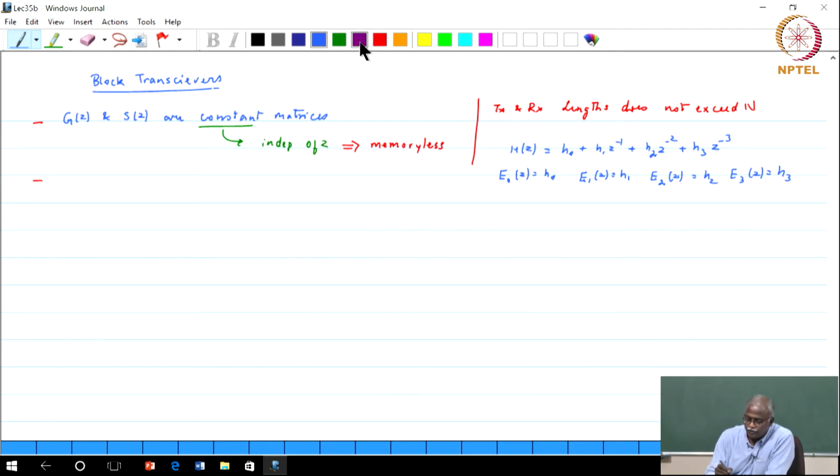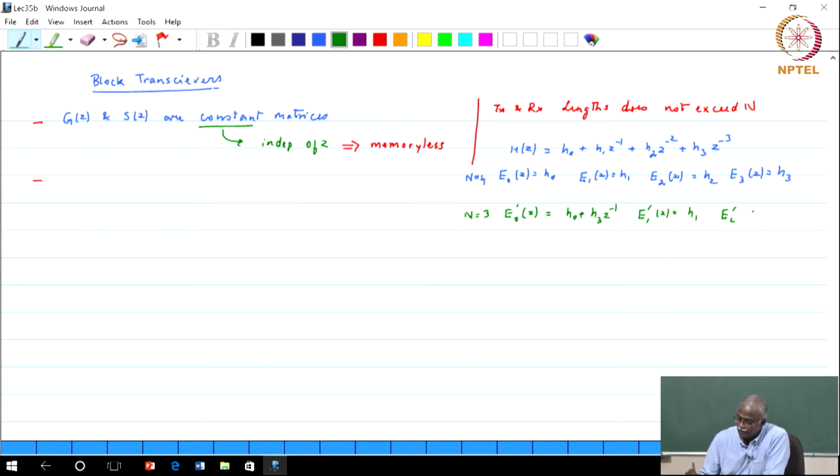Now, just to highlight it, this is the case where the number of polyphase components N equals 4. Now, if I take the case where the number of polyphase components I choose is 3, and I ask you to do the polyphase components, E0'(z) is equal to what? H0 + H3 z^-1. E1'(z) is H1.